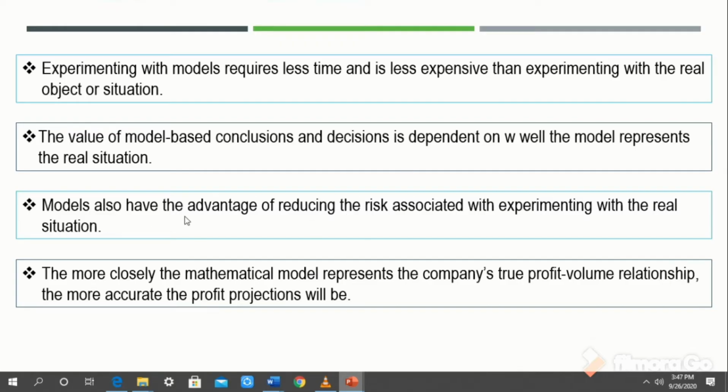Models also have the advantage of reducing the risk associated with experimenting with the real situation.